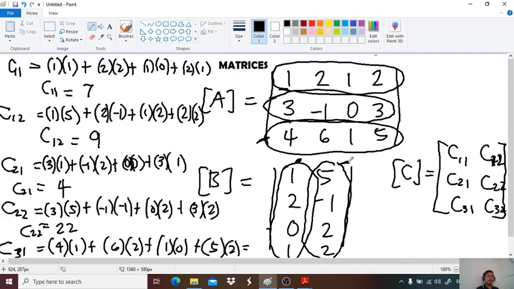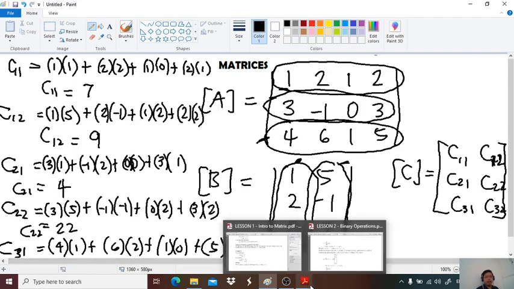So that is how to solve multiplying two matrices. We first consider the dimensions before multiplying.